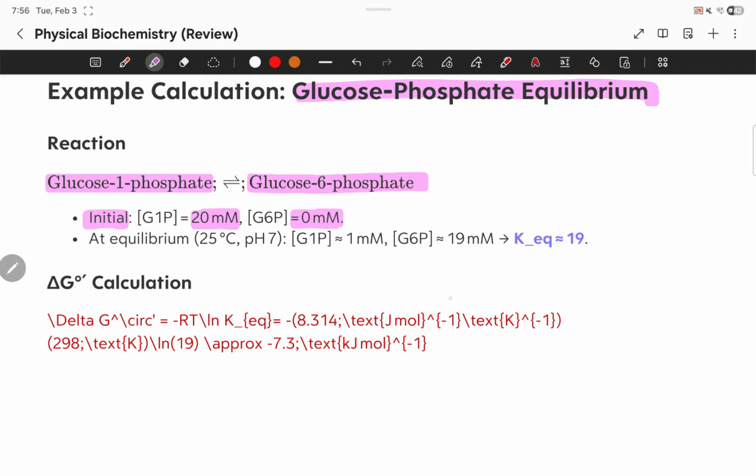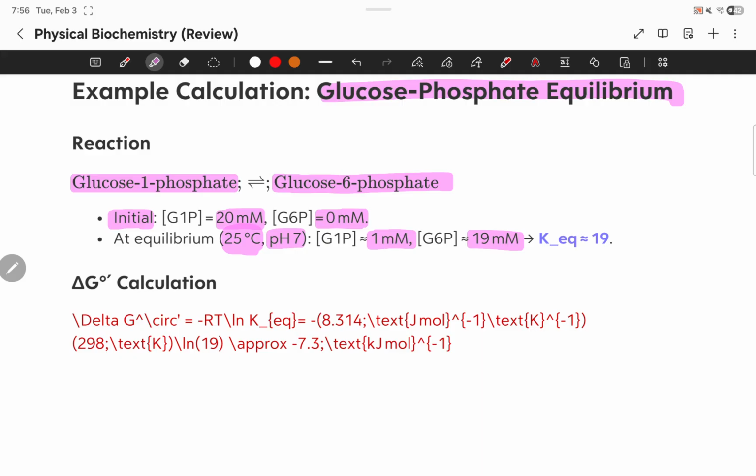At equilibrium, 25 Celsius is the temperature, pH 7, glucose 1-phosphate is 1 millimole, and glucose 6-phosphate is 19 millimole. It's telling us to calculate delta G, okay?